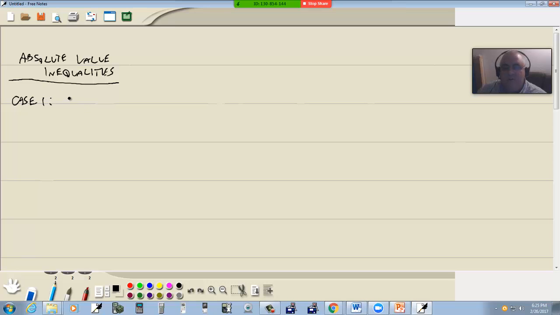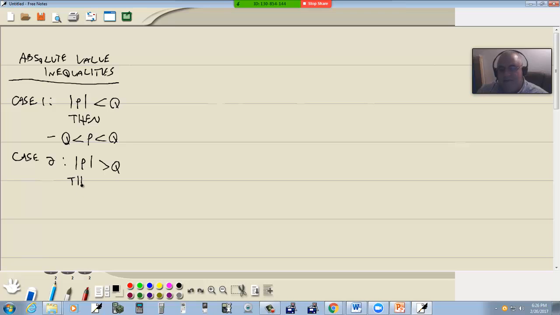Case 1 was where you have the absolute value of something is less than something else. If you have it in that form, then you rewrite it as negative q is less than p is less than positive q. And case 2 is where you have an absolute value of something is greater than something else. If you have it in that form, you rewrite it as p is less than negative q, and then there's no or here, and p is greater than positive q.